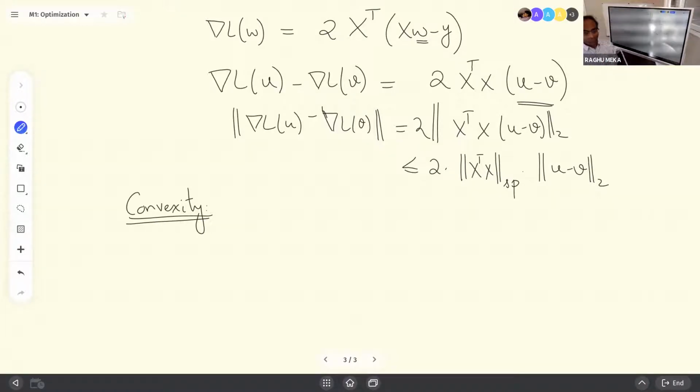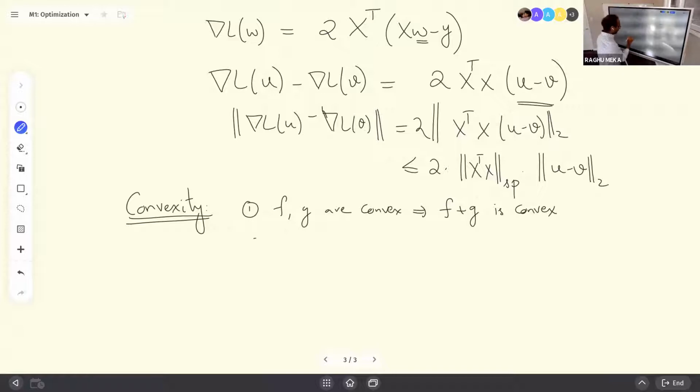That's very important. For example, if f and g are convex, then f plus g is convex. And if f is convex, then a times f is convex.